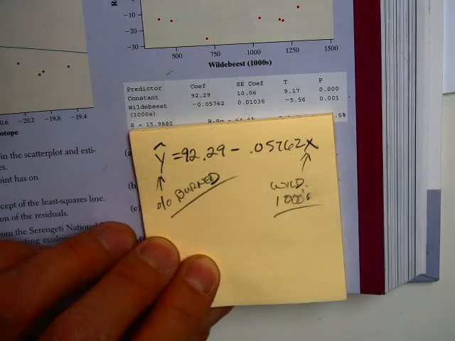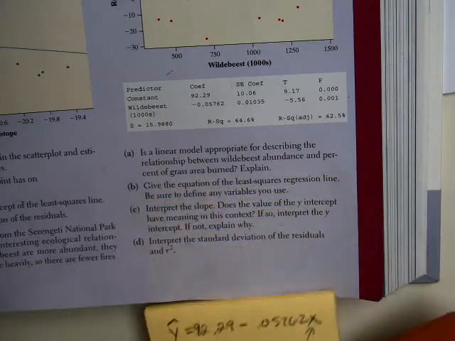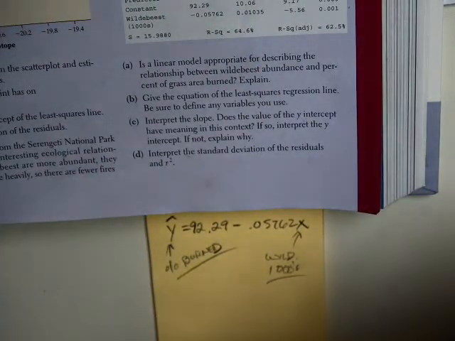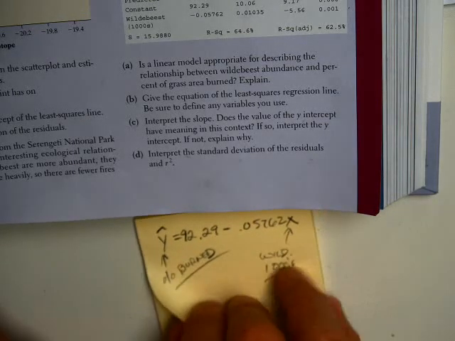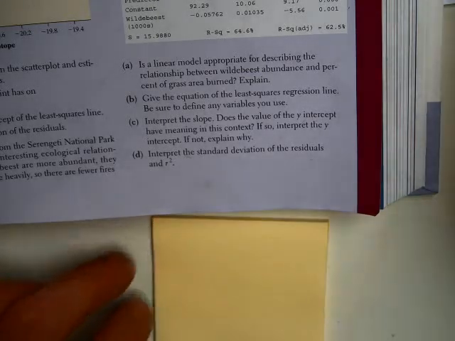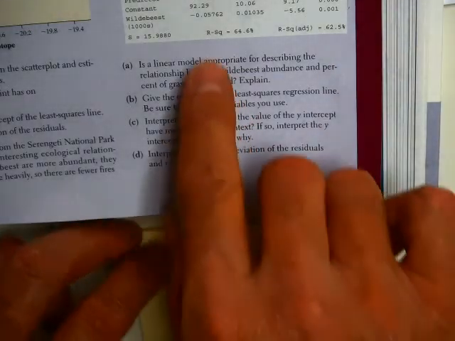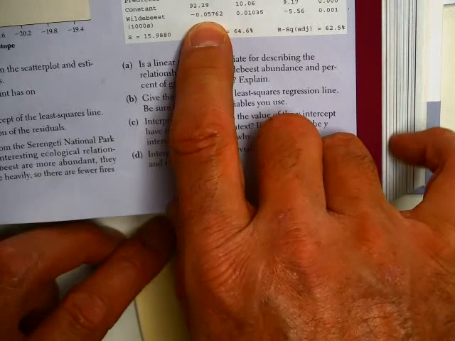Okay. All right, interpret the slope. Does the value of the y-intercept have meaning in this context? It sounds like there's two questions there. If so, interpret the y-intercept. If not, explain why. So that's more than one question. I'm going to say that for the slope, we're talking percents here of area burned.